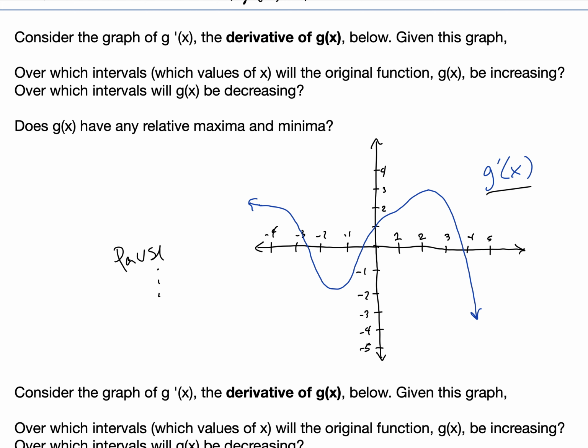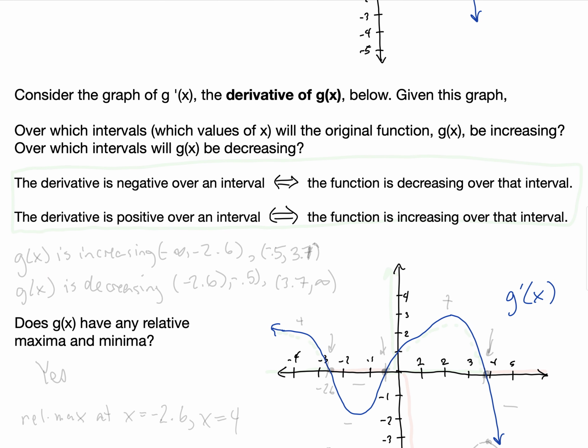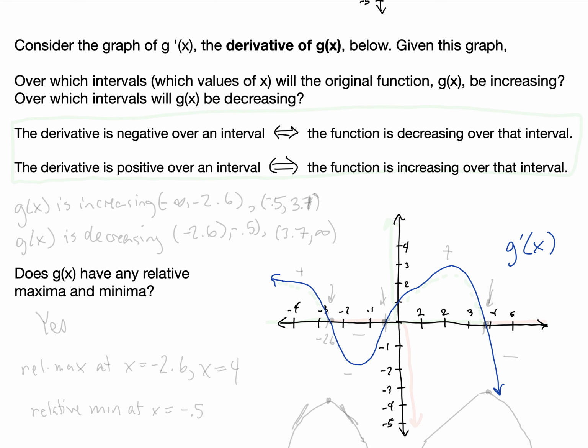All right, so we saw before that the derivative is negative over an interval exactly when the original function is decreasing over the interval, and the derivative is positive over an interval exactly when the function is increasing over that same interval. So that was this connection between the positive or negative sign of the derivative and whether the original function was increasing or decreasing. So here we're just looking to see when is the derivative greater than 0, when is it above the x-axis, and when is the derivative less than 0, when is it below the x-axis.